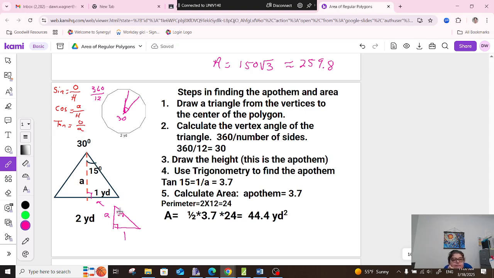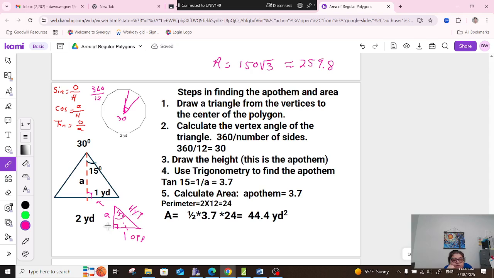If this is my degree, which is where you put your finger, what would I label 1 as? It's opposite, because I'm going to the opposite side of the 15 degrees. Put my finger on the right angle, and opposite the right angle, what do I label this as? That's hypotenuse.